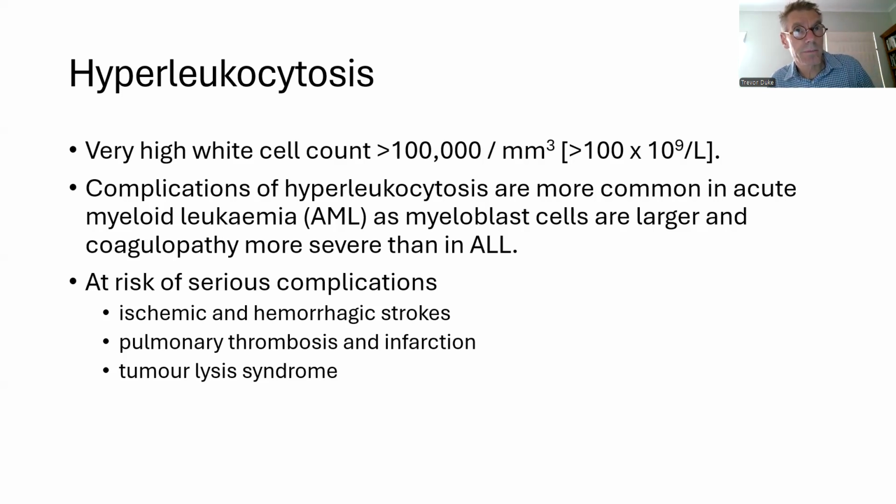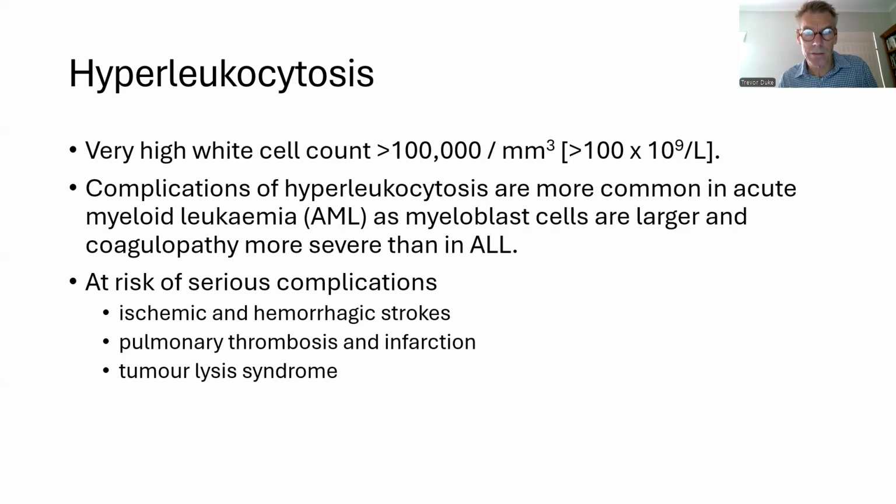Hyperleukocytosis is particularly a problem in acute myeloid leukemia. It's less of a problem in ALL, but if you've got more than 200 or 300,000 white cells in acute lymphoblastic leukemia, then the problems are rather similar.